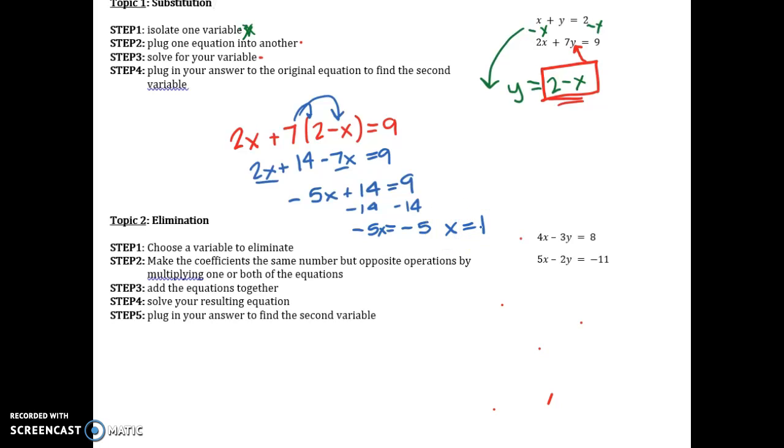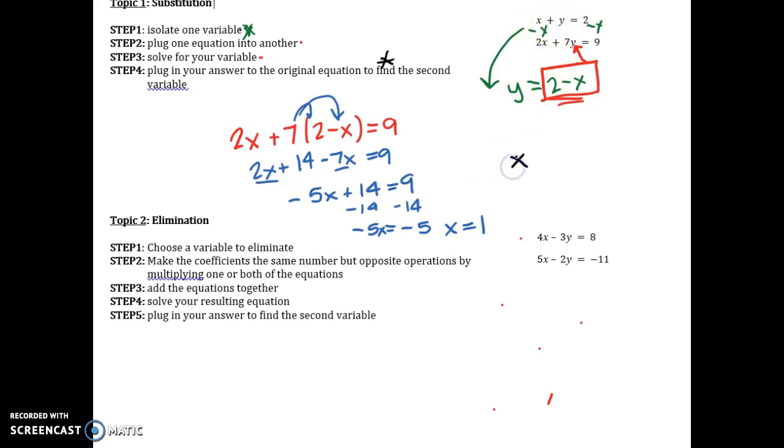Then I take my 1. And I have to find my other variable, which is the last step. Plug your answer into the original equation to find the second variable. And it actually doesn't matter which equation you plug it into. I usually plug it into the simplest equation, which would probably be the top one.